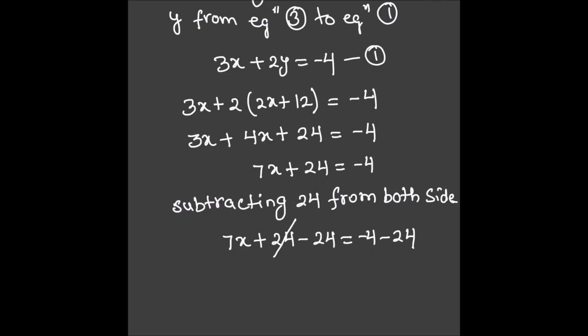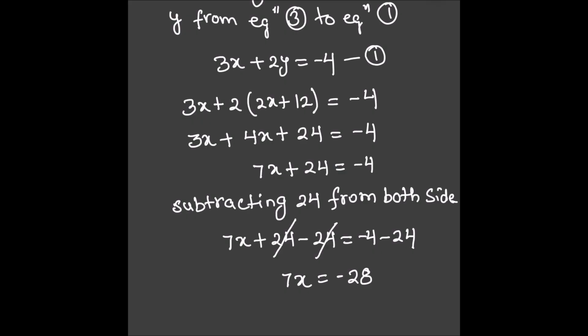So this will be cancelled. Here we will have 7x on the left hand side and negative 4, negative 24. So this will be negative and negative, so we add the two numbers with a negative sign. So this will be negative 28. 4 plus 24 is 28.